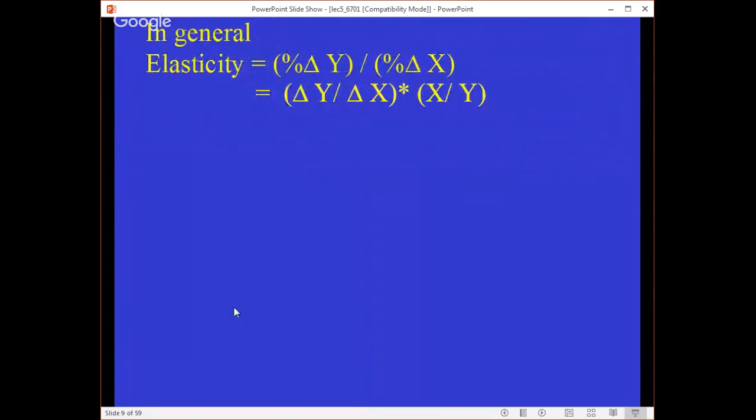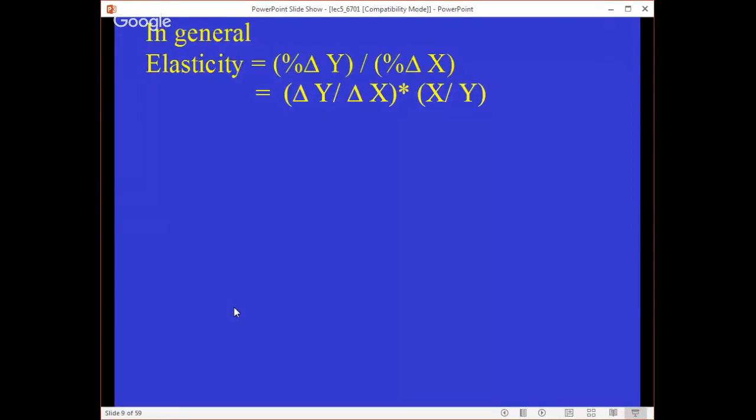So back to the algebra that I did here on the board. So in general, elasticity, and it doesn't matter if it's demand elasticity, we're going to learn about cross elasticity, income elasticity, point price elasticity, which we just talked about, elasticity of supply, whatever it might be, two goods.